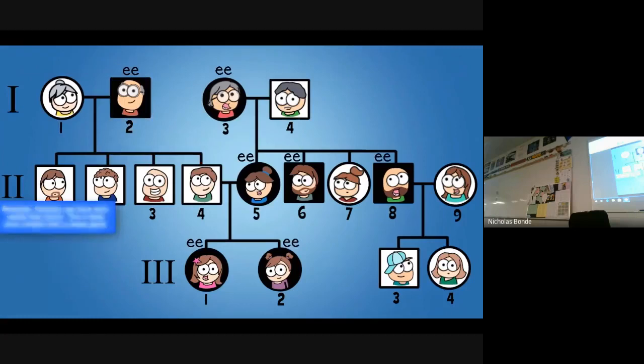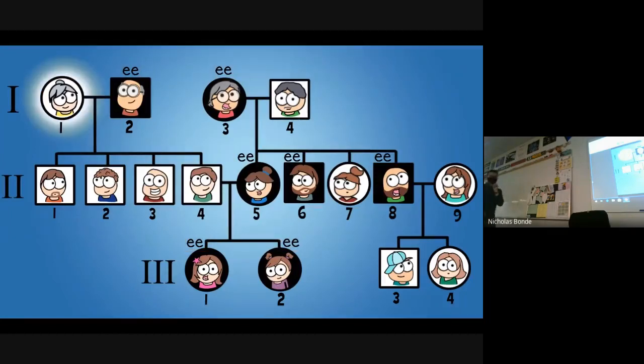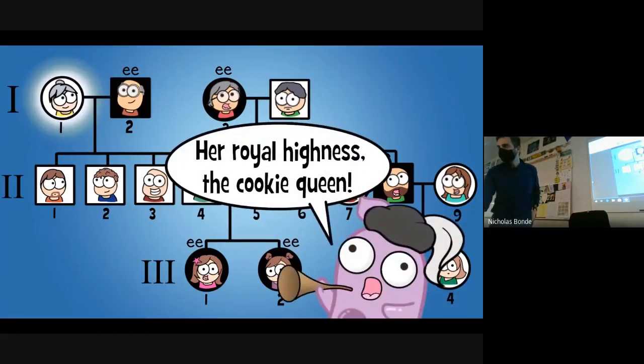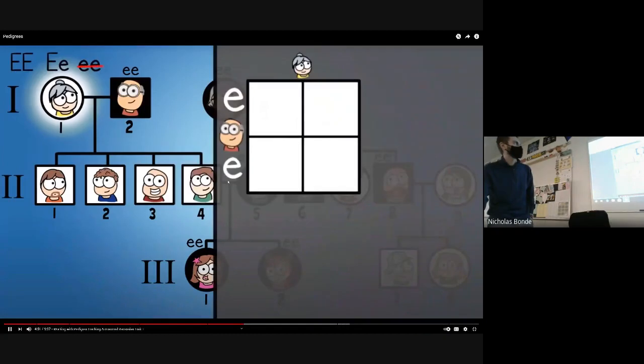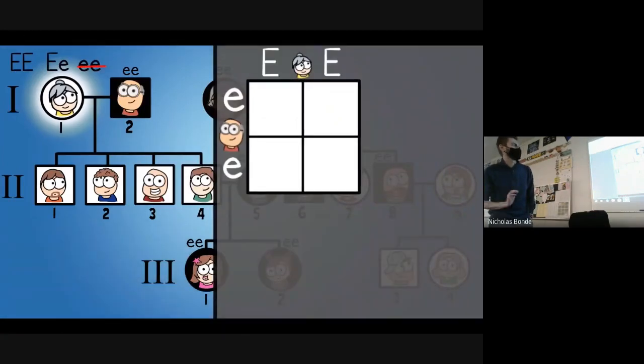Okay, so let's go ahead and label all these shaded shapes with the genotype little e, since we know that's the trait we're tracking. Now take a look at generation 1, individual 1. That would be my paternal grandmother. What's her genotype? We know it's not little e, little e, or her shape would be shaded. But if we went with big E, little e, could that still work?